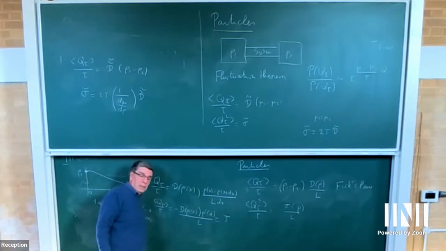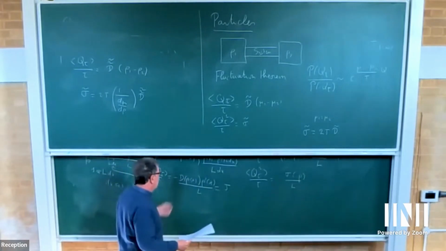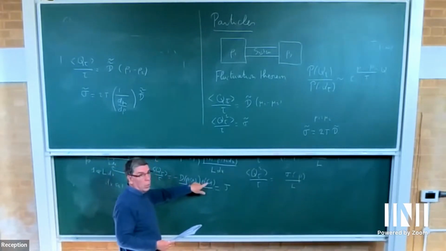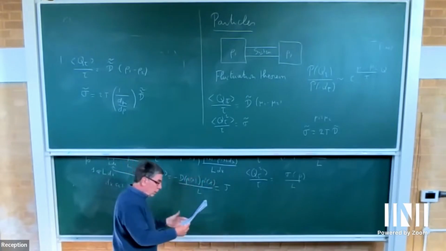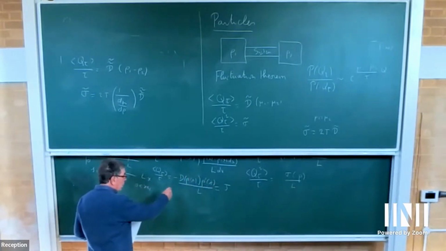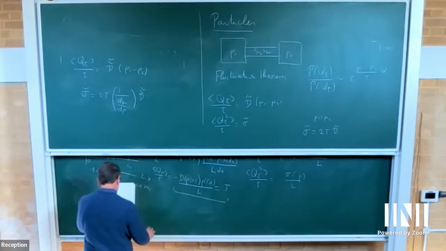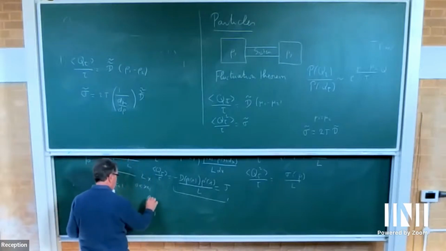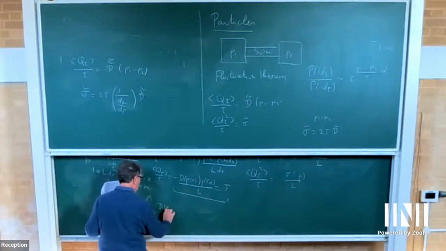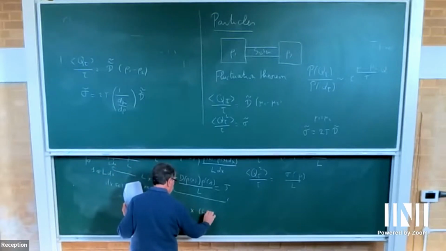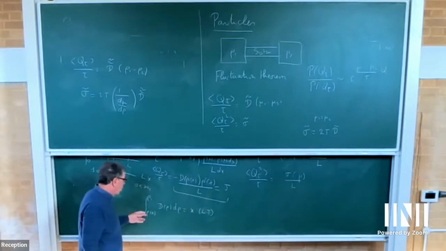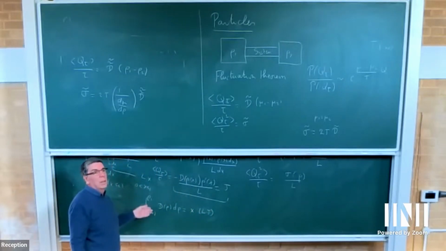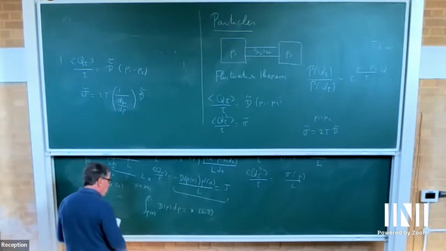And therefore, from that, I can get the profile easily because I will get a differential equation for rho that you can integrate. The answer is the following: if you try to integrate, you get that the integral from rho1 to rho of D is equal to x times L J. So in fact, you don't find rho as a function of x, you find rather x as a function of rho, because you can just invert it.